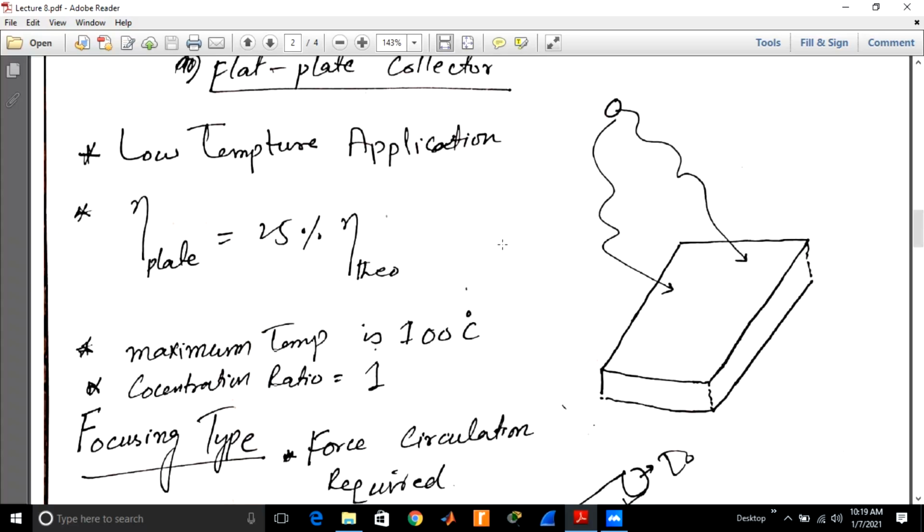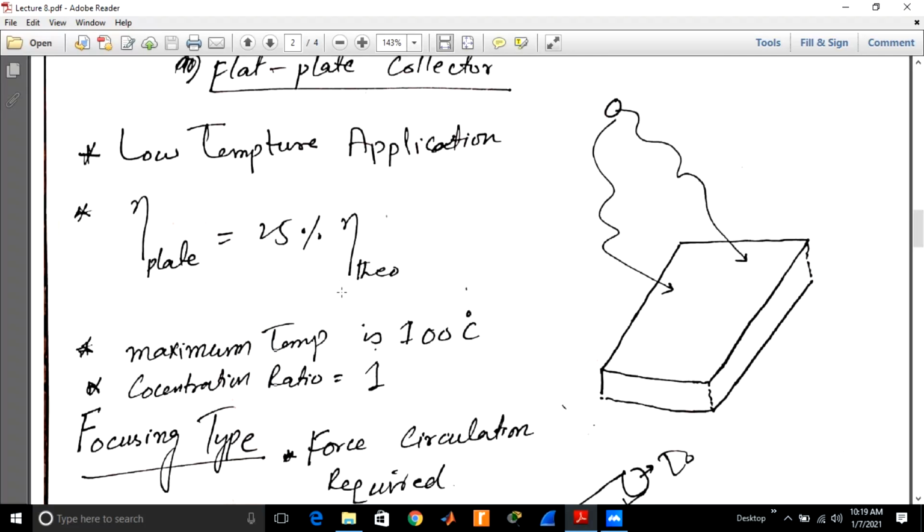When there is a low temperature application, we can use this. What is meant by low temperature? For example, if the fluid flowing in the collector requires low temperature, you can use the flat plate collector. And if high temperature is required, you can't use the flat plate collector.